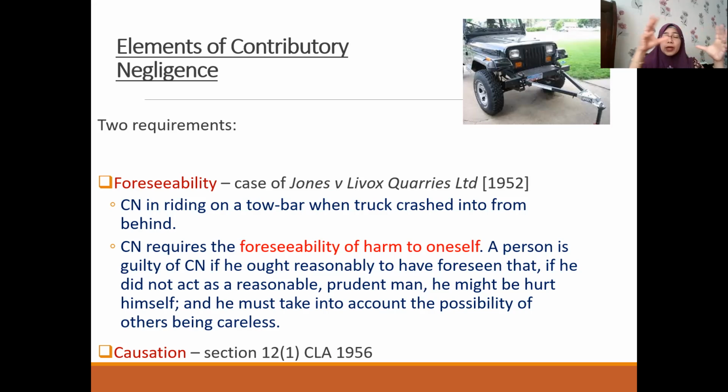From that section, it talks about the element of causation. The failure to take care on the part of the plaintiff is the causation cause. It's the linkage between the injury and the real cause.